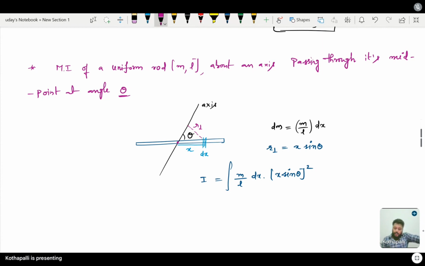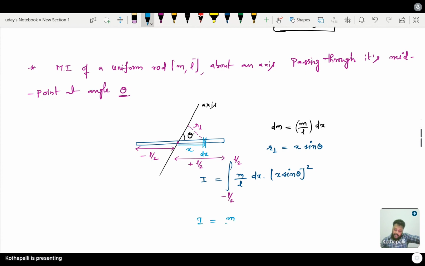So obviously, the moment of each point mass on the right side of the rod and the moment of each point mass on the left side will have opposite tendency. That means this limit I can take as minus L by 2, and the remaining half limit will be plus L by 2. So the limits will be minus L by 2 to plus L by 2. That is the difference between this case and the previous case, nothing more than that.